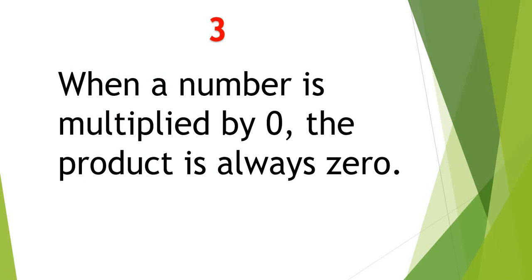Fact number 3. When a number is multiplied by 0, the product is always 0, which means when you multiply any number by 0, the answer will be 0.